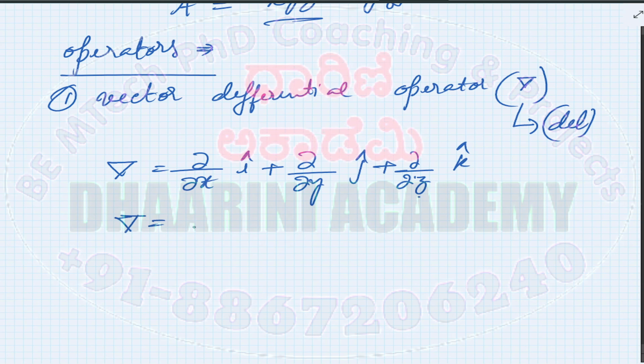So this can be written as summation dou by dou x into i cap. It can be extended further to all the possible directions. In a three-dimensional case, this will be i, j and k. That's why in short form you are writing in this way. So this is the first operator that we are going to use.